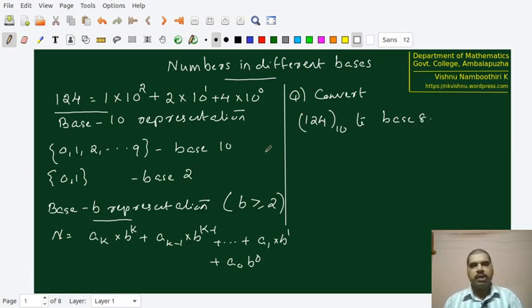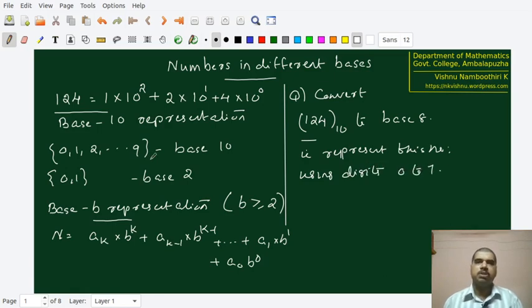What we actually need is to represent 124 using digits 0 to 7, because in base 8 we can use digits 0 to 7 only, and we cannot use 8, 9, etc. So, how do we perform this conversion?